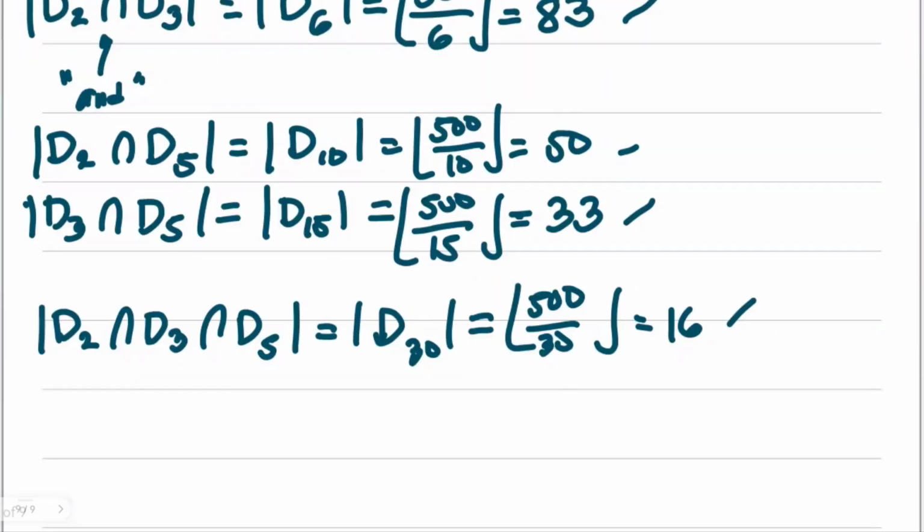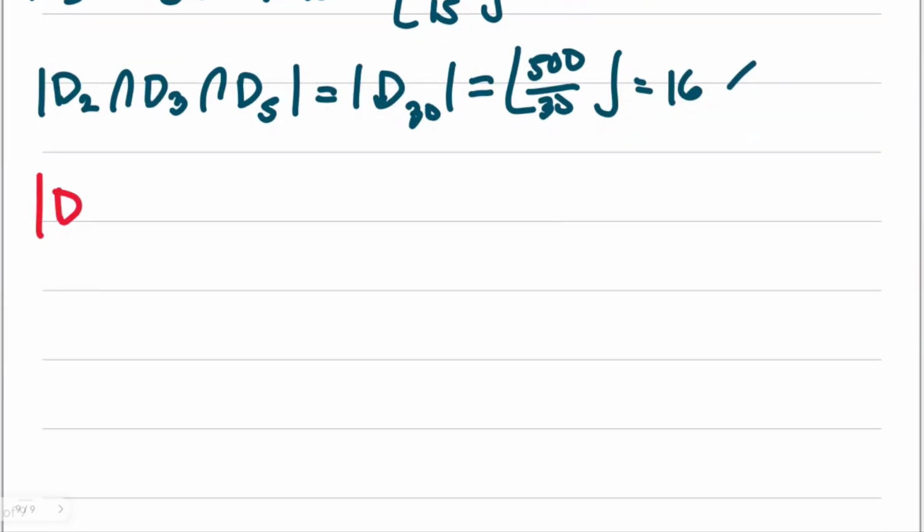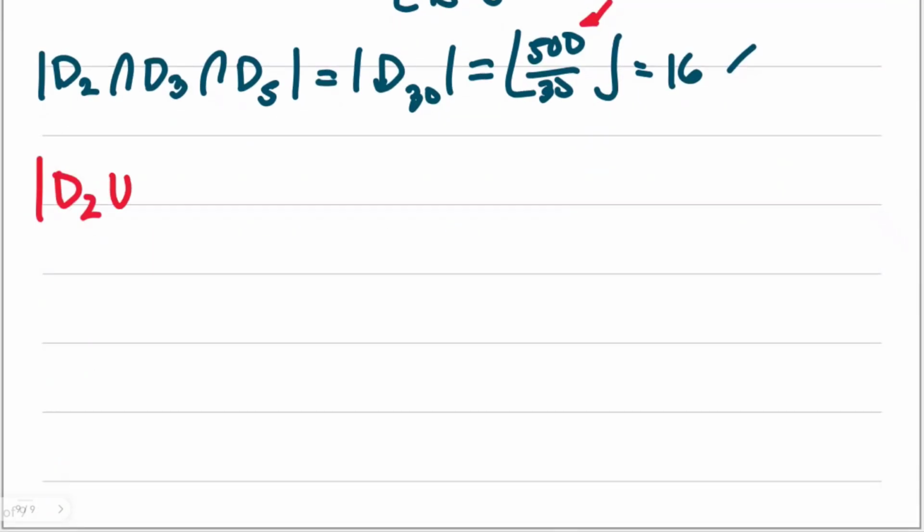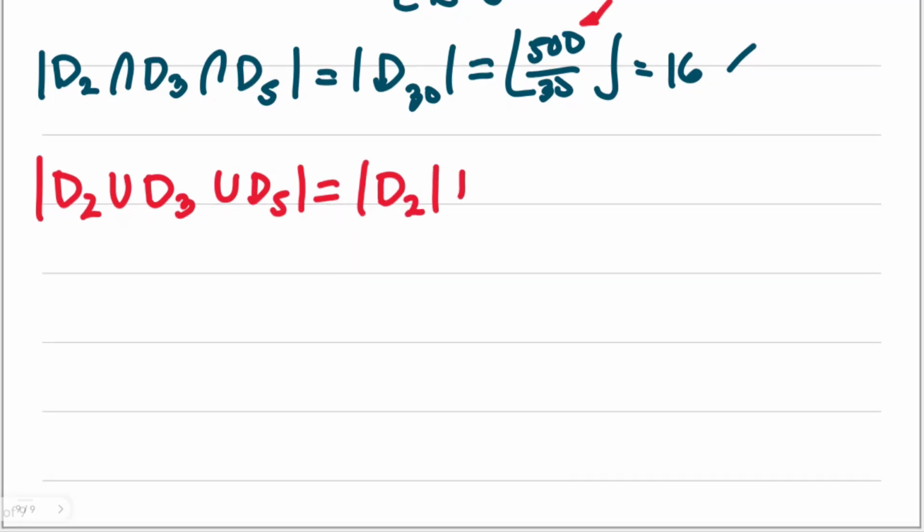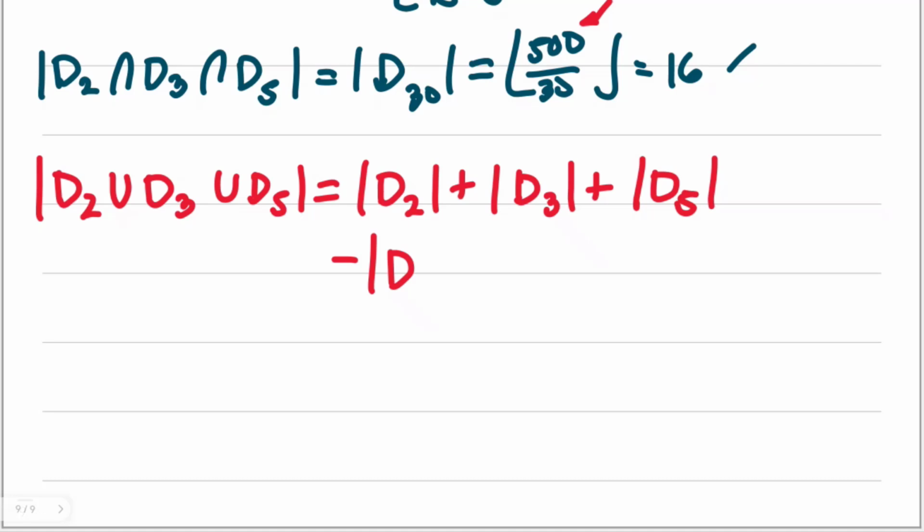So the formula, we have here the union, or the number of integers less than 500. By the way, that's the reason why we also have 500 here, and so on and so forth. The number of integers that are divisible by 2 or 3, sorry, that's a union, or 5, is equal to the cardinality of the number of integers divisible by 2 plus the number of integers divisible by 3 plus the number of integers divisible by 5, then less the number of integers divisible by 2 intersection with divisibility by 3, or again divisible by 6.